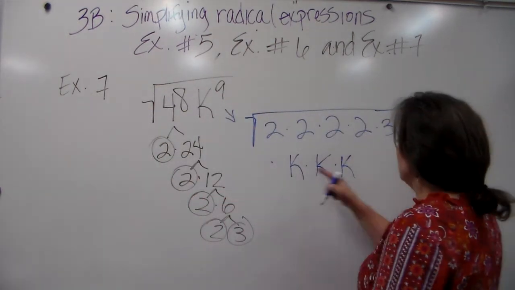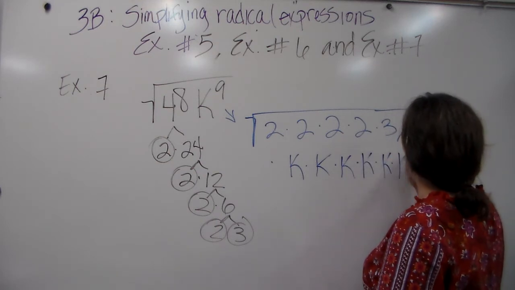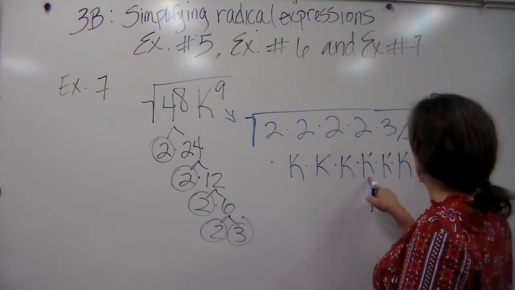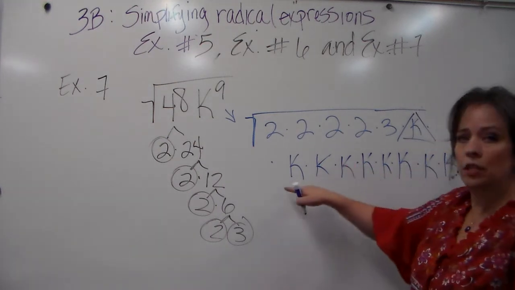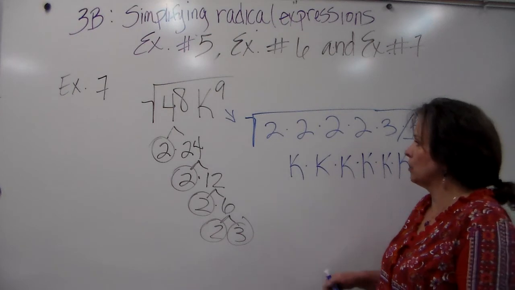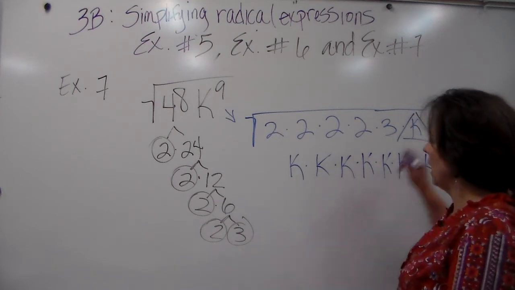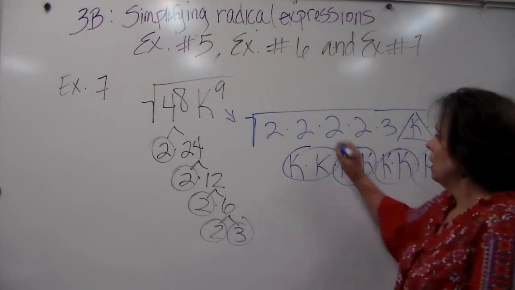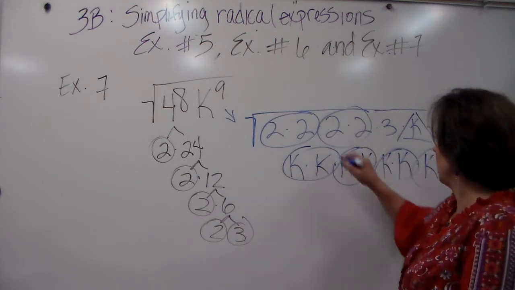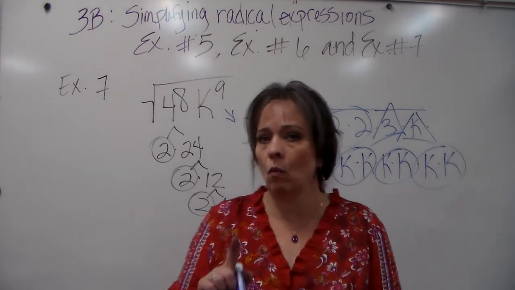So k times k times k times k, and we'll go ahead and make 9 total. And I kind of went down to another row here so it would stay on our screen, right? So one of our k's doesn't have a buddy, but we've got lots of k's that do have buddies. And we've got 2's that have buddies. But left behind, we have 1 3 and 1 k.